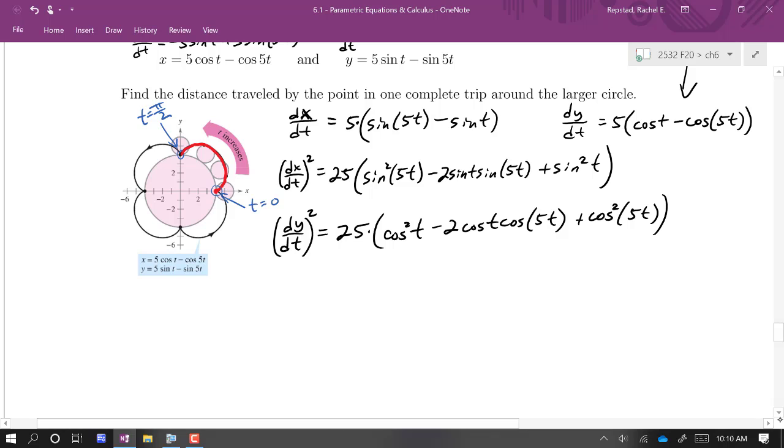Okay, now we can set this up. Our arc length S is given by 4 times the integral from 0 to pi over 2 of the square root of the sum of the squares inside this radical. So we're going to have to do a bit of writing.